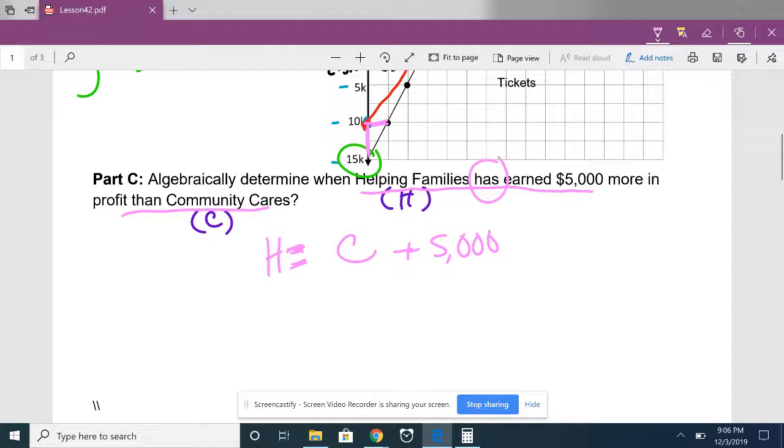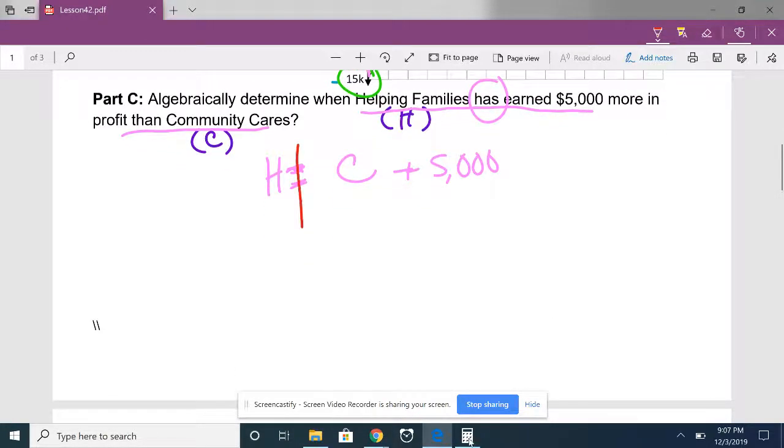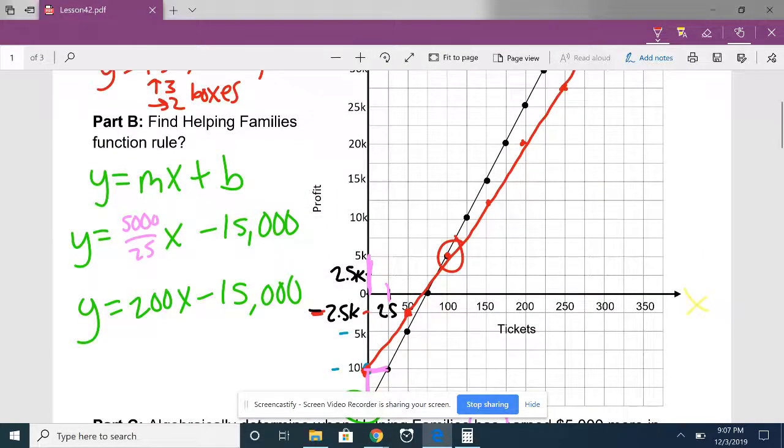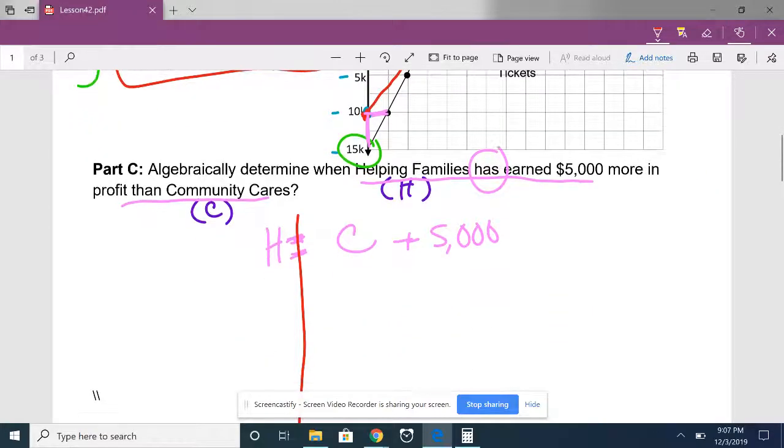So that's like my little mini equation. Now I use my function rules to plug in for H and C. All right, so I'm going to make a line all the way down. My H, which is helping families, here's my function rule for H, 200x minus 15,000. I don't need the y equals.